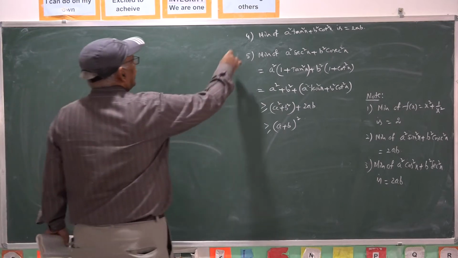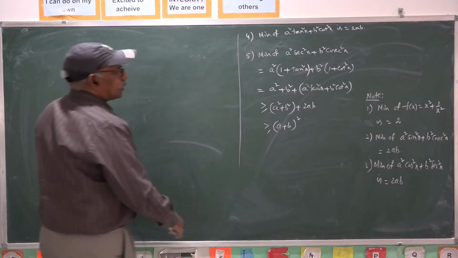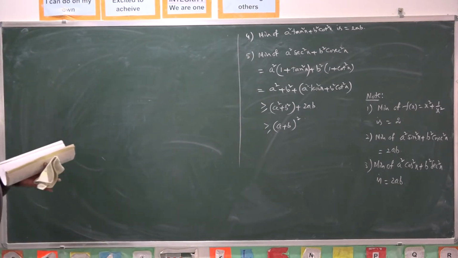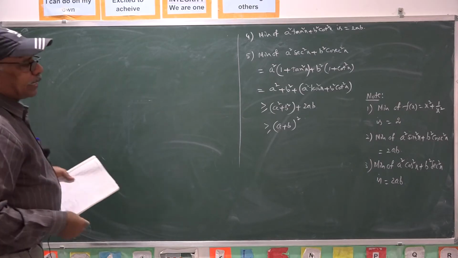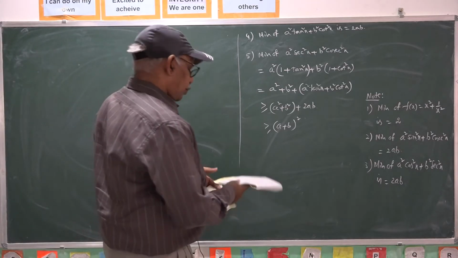So you can apply arithmetic mean is greater than or equal to geometric mean for such relations. This is attained at tan inverse root a by b.